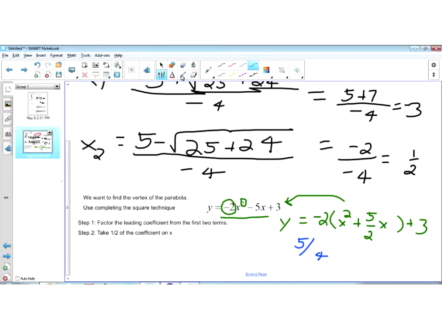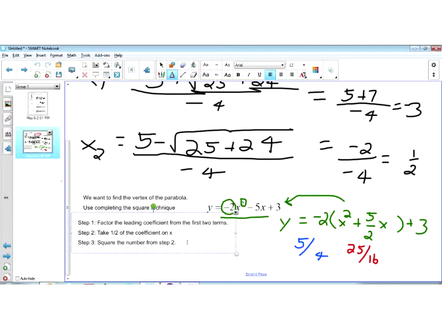Next, step 3, square the number from step 2. So we square 5/4. What happens when we square 5/4? We get 25/16, right? So that's from step 3.